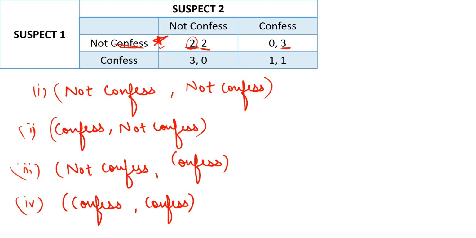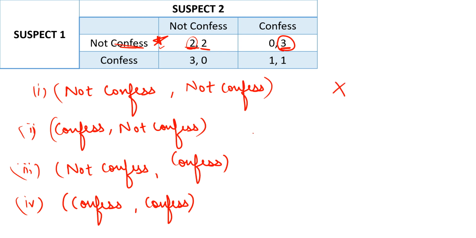We can easily see that player 2 will choose to confess, because the payoff is 3, which is greater than 2. So player 2 has an incentive to deviate from not confess, not confess. So this is not a Nash equilibrium strategy.